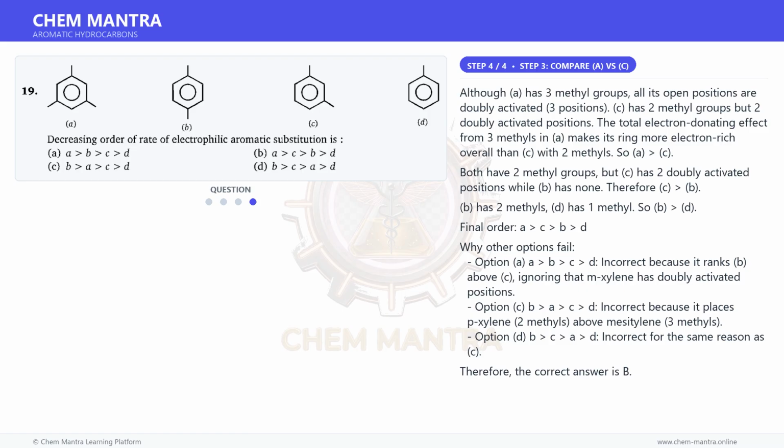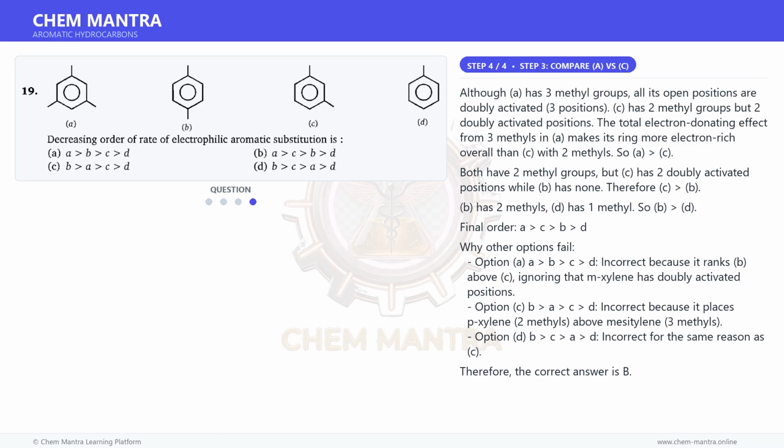So, A > C. Both have 2 methyl groups, but C has 2 doubly activated positions while B has none. Therefore, C > B. B has 2 methyls, D has 1 methyl. So, B > D. Final order, A, C, B, D.